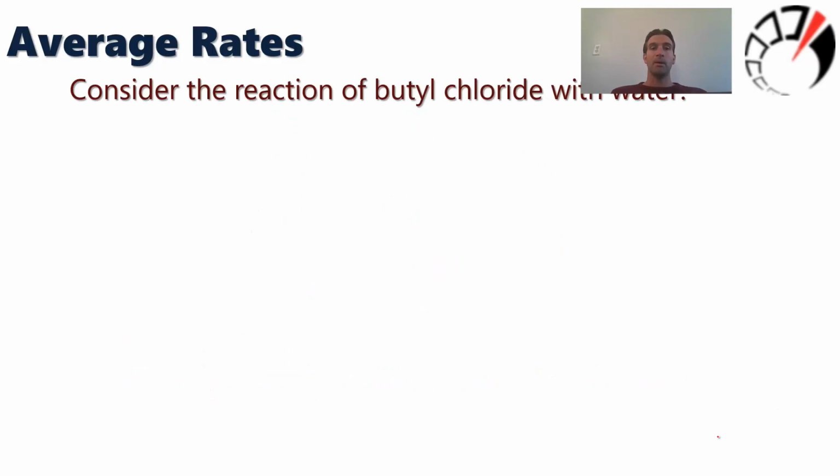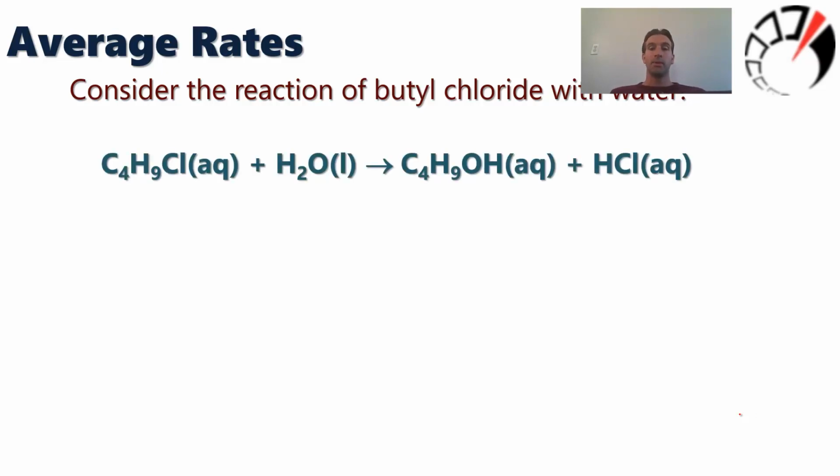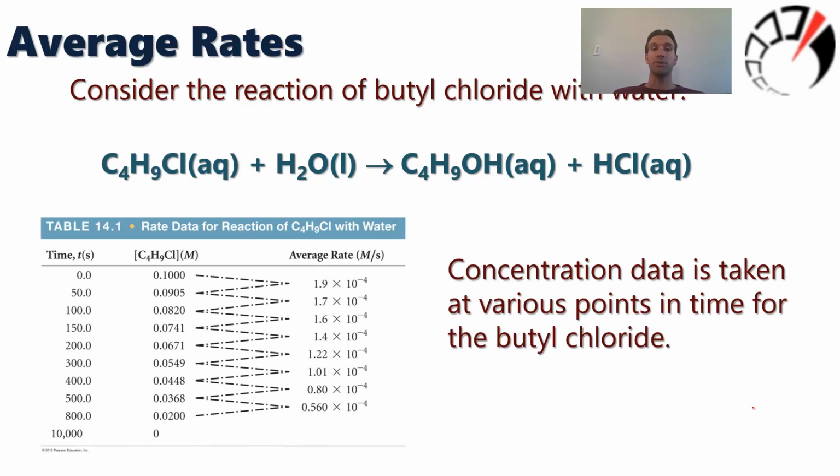Now, I'm going to give you a more specific example. We're going to talk about butyl chloride reacting in water. Here we have our chemical equation. Don't be distracted too much by the grouping of atoms. Really just focus on the change. We've taken the concentration values at different points in time and recorded them. Then we've determined the average rate between the first time and the second.